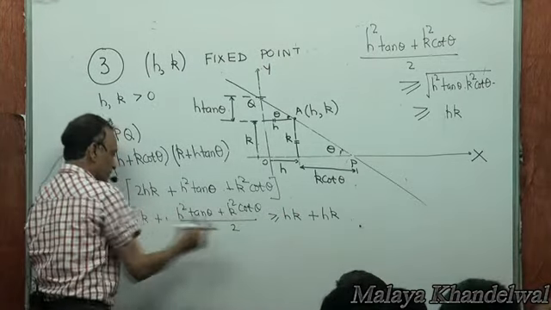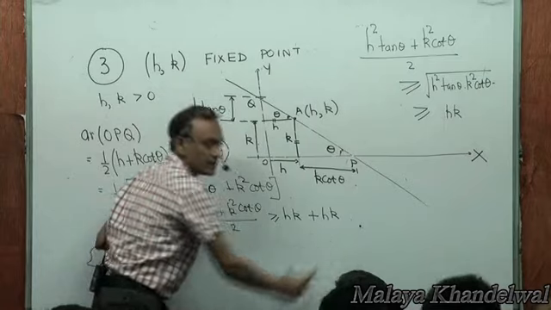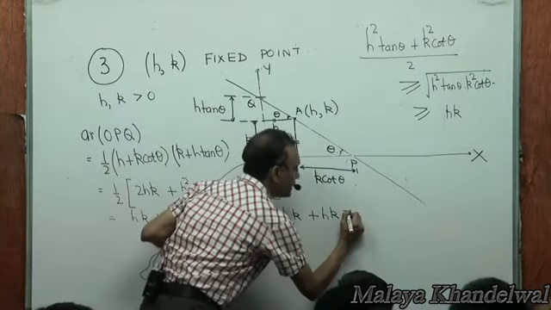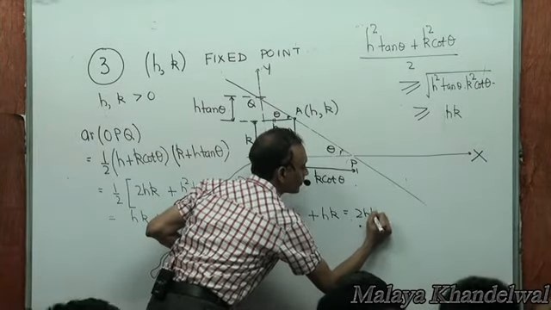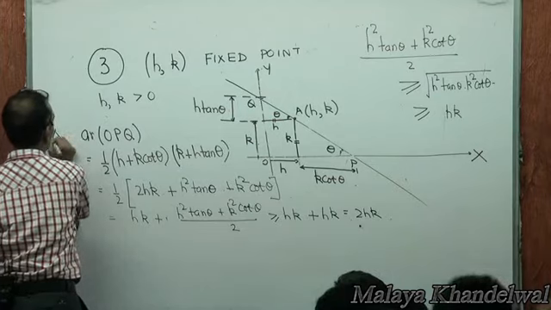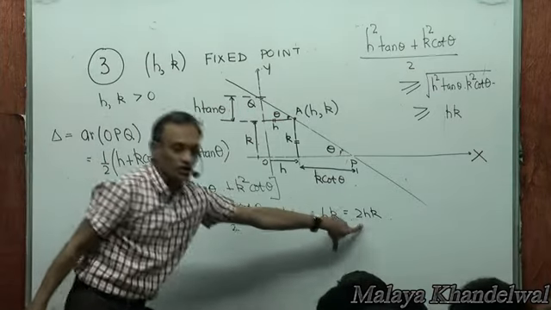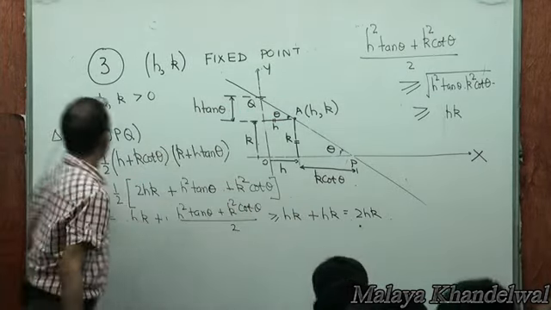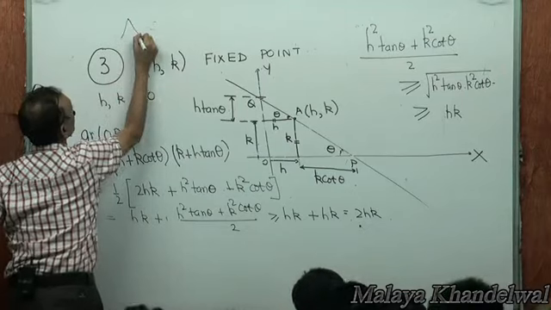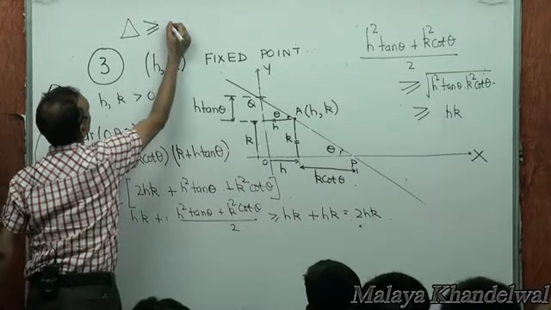So this expression will be greater than or equal to HK plus HK, which is 2HK. That means this area delta is greater than or equal to 2HK.